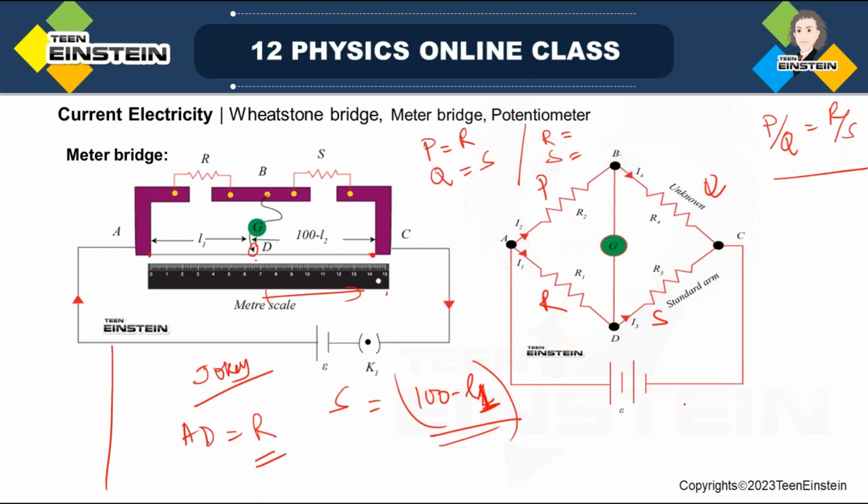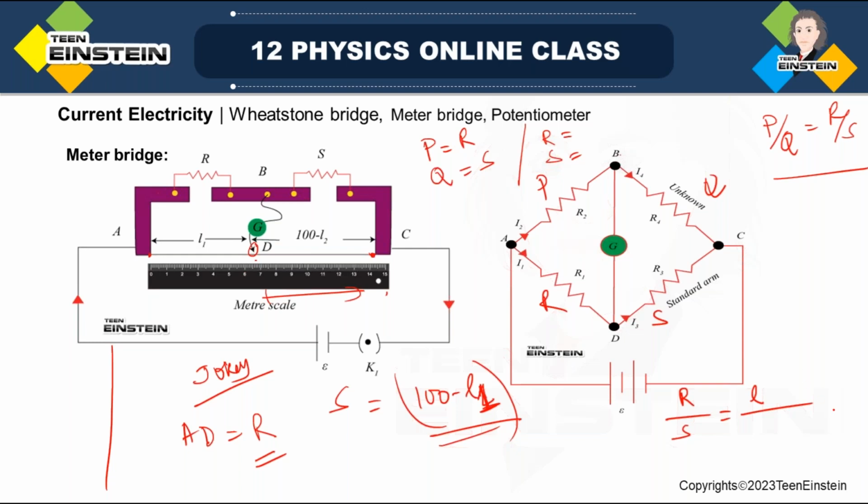If I write P by Q is equal to R by S, so P by Q means R by S. Original R, between A and D, is L, divided by BC. BC means, in this case, between D and C.